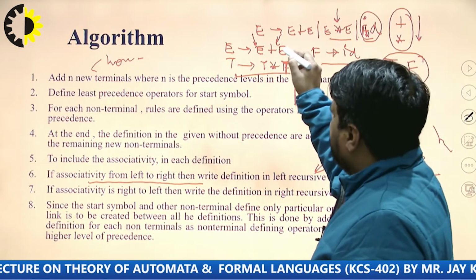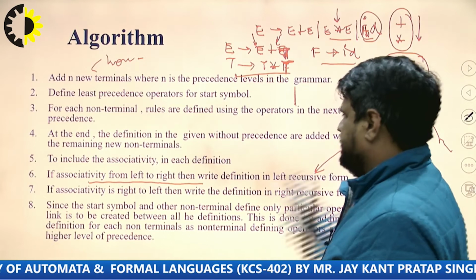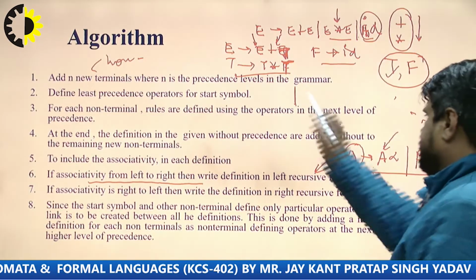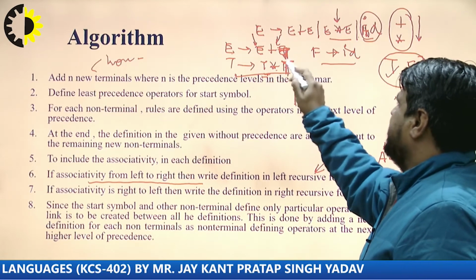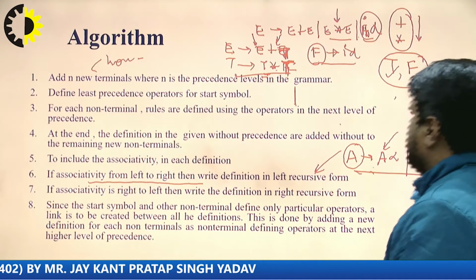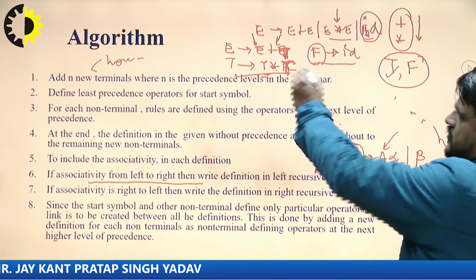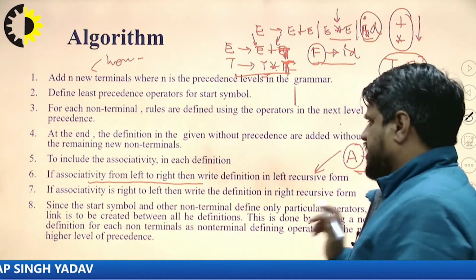Now you will replace this E by the next level T, right? You have to memorize it. Similarly, this is left recursive, so this must be preserved and this gets changed by the next level of precedence. So the next level of precedence is F, written in the form of the F production, right? So you will add F. In this manner, you can go through.